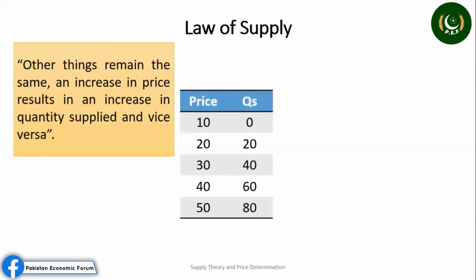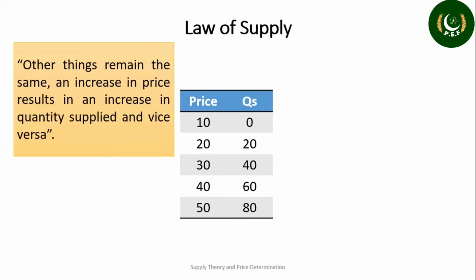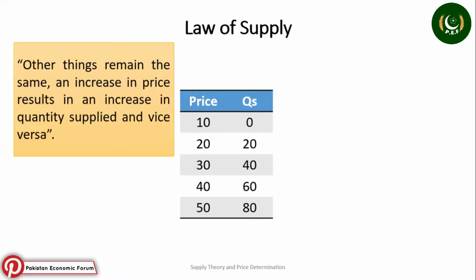Here, when the price of the commodity increases from 10 to 20, the quantity supplied increases from 0 to 20. Similarly, as a higher price brings benefit to the producer, he or she would like to sell more and more quantity at higher and higher prices. This is shown by the table.